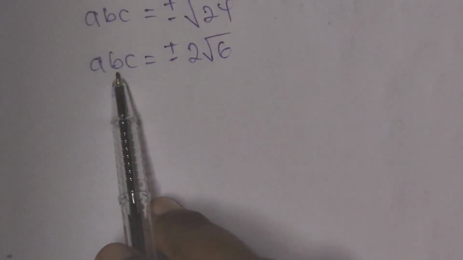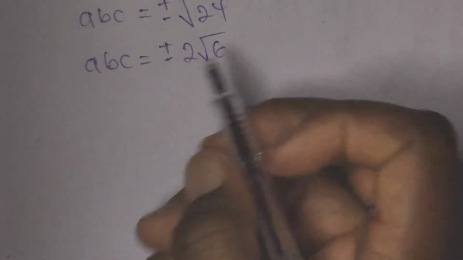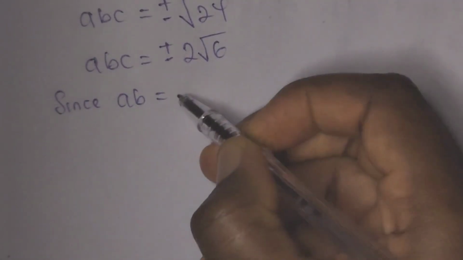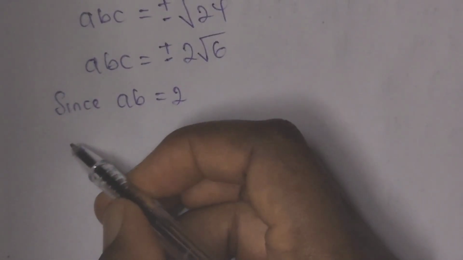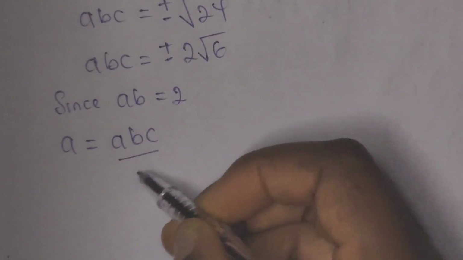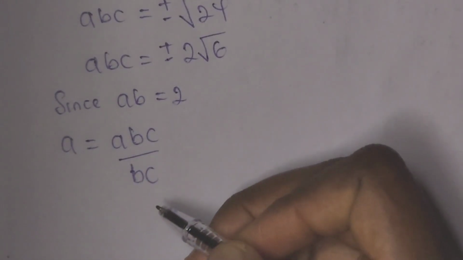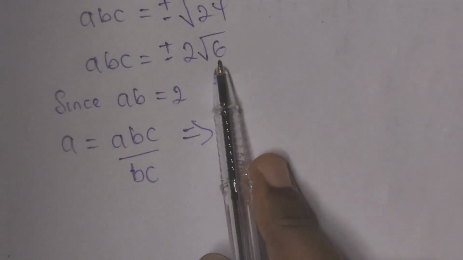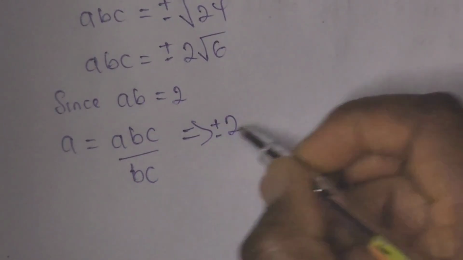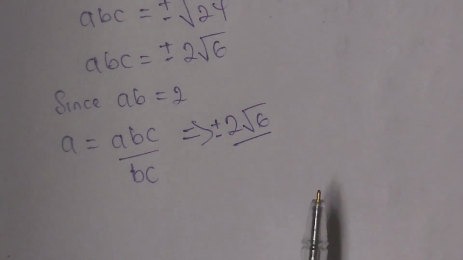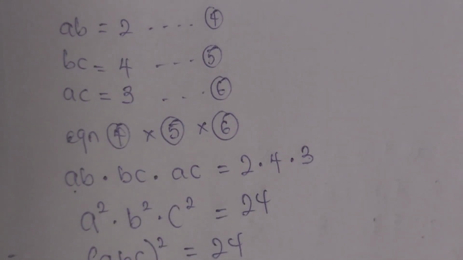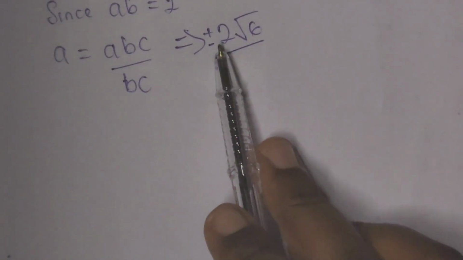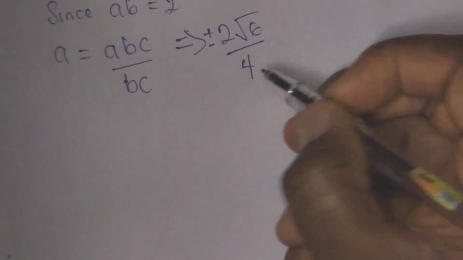So we now have the value of A times B times C. So from here, since BC is 4, we can get our A to be equal to ABC over BC, which is plus or minus 2 root 6 all over 4.